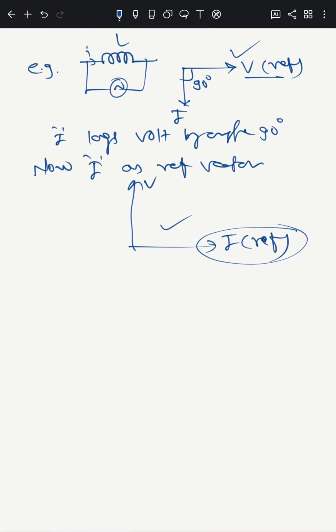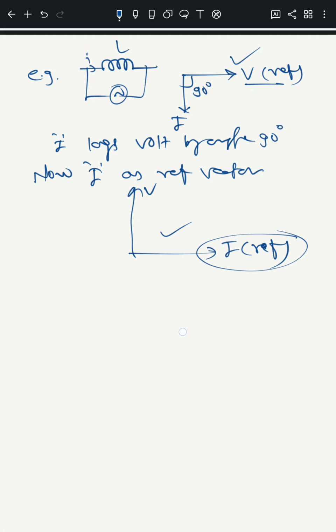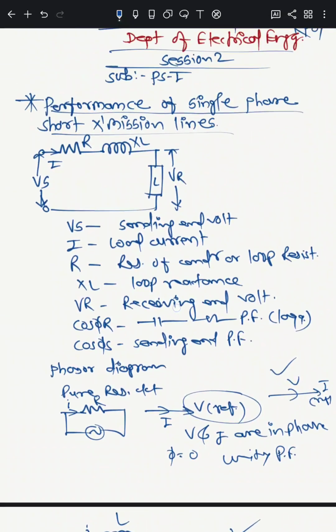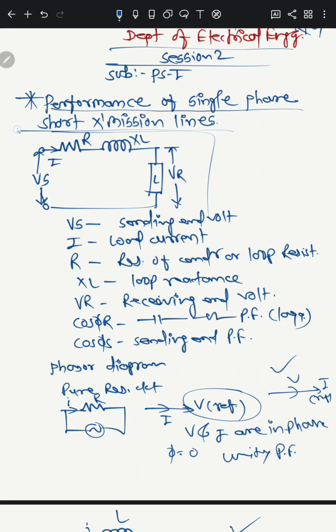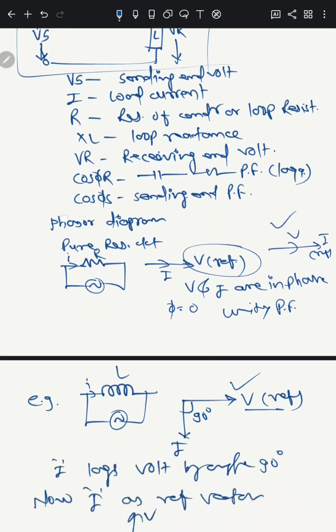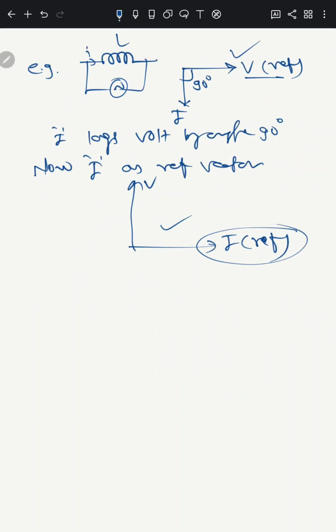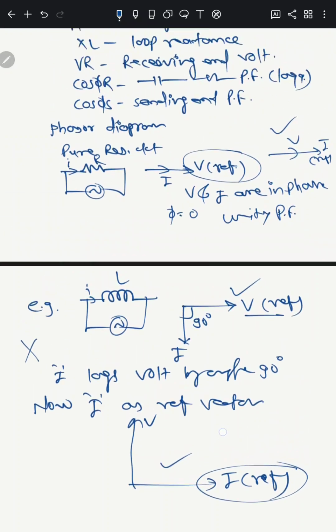Now coming back to the original diagram, our main transmission line equivalent circuit. This was just a basic concept, explained for your understanding.